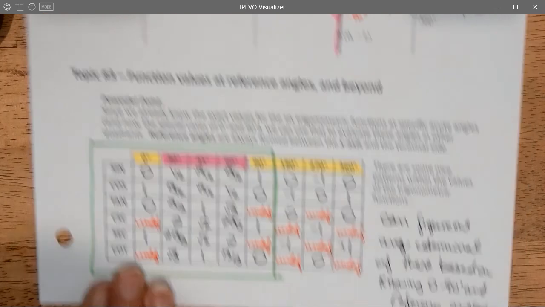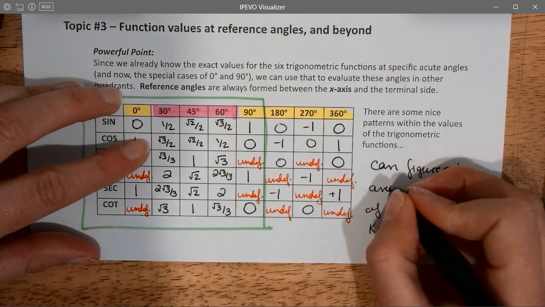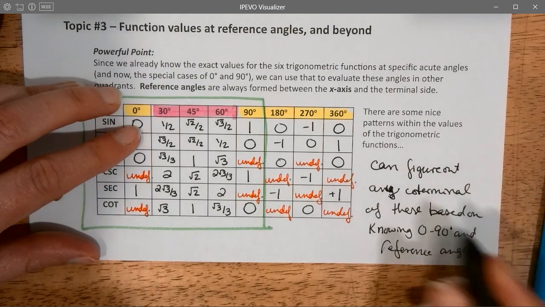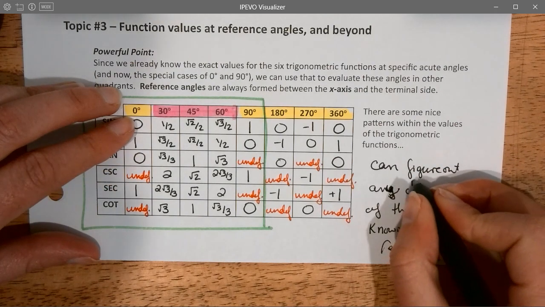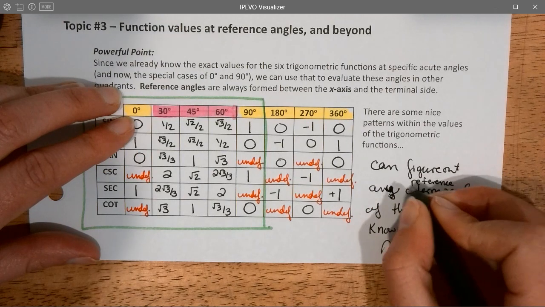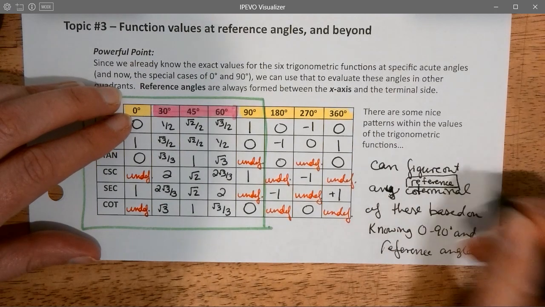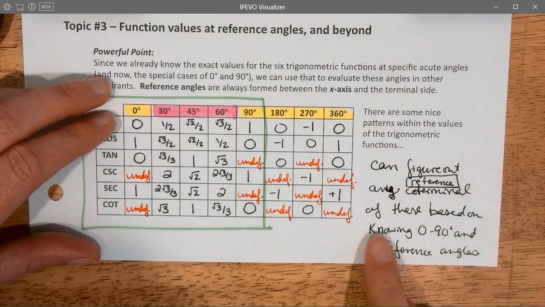What I really meant besides coterminal, and this says any, it's a little hard to read, sorry, any. I can figure out any, I meant to say reference angle. I restated it later on. I can figure out any reference angle, or coterminal of course, but reference angles are the ones I was trying to talk about, based on knowing 90, 0 to 90.